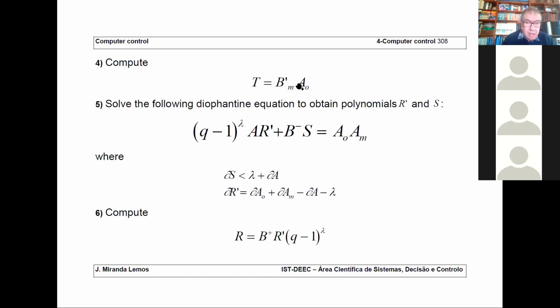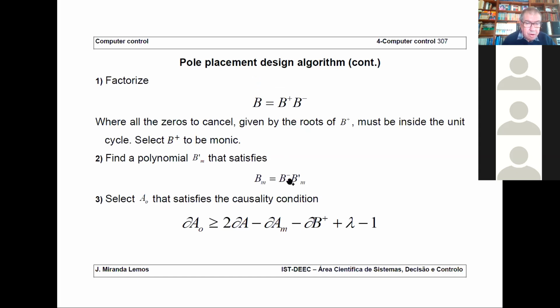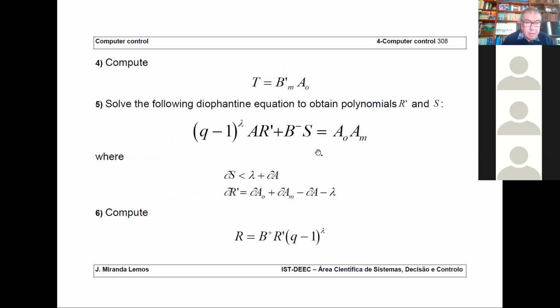B prime M, remember, came from this factorization. Solve this Diophantine equation with respect to R prime and S. And you impose this: the degree of S must be smaller than lambda plus the degree of A, and the degree of R prime must be given by this expression.